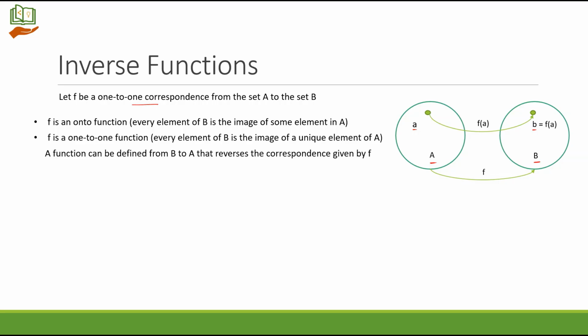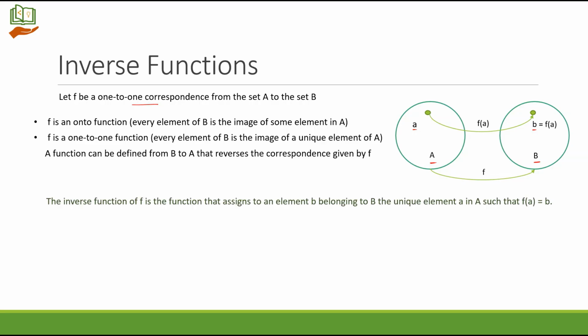A function can be defined from B to A that reverses the correspondence given by f. How can this happen? That is given by the inverse function. The inverse function of f is the function that assigns to an element b belonging to B the unique element a in A such that f of a is equal to b. The inverse function of f is denoted by f inverse.